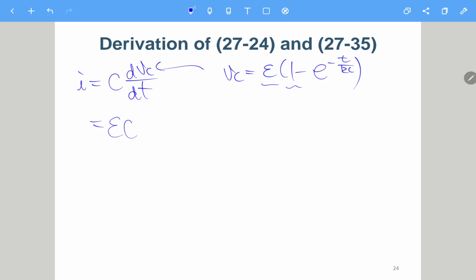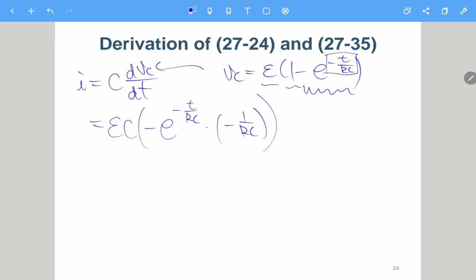When we take the derivative, it becomes 0, so this one vanishes. For this one, we have an exponential function, so the derivative will be itself, negative E times E to the negative T over RC. And then don't forget the chain rule. We need to take the derivative of the exponent. This is a first order polynomial, so this becomes a constant, negative 1 over RC.